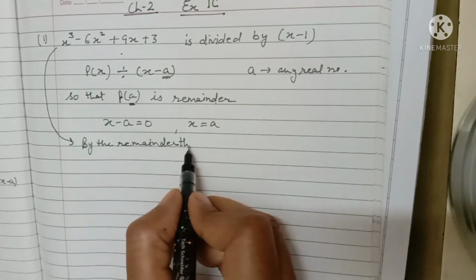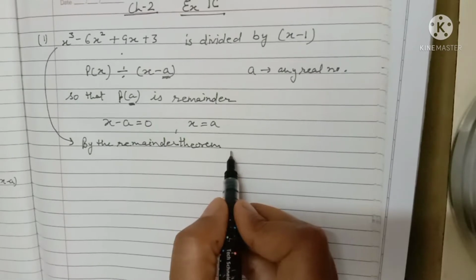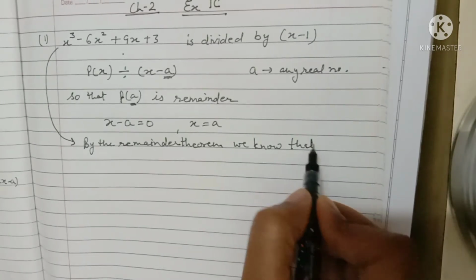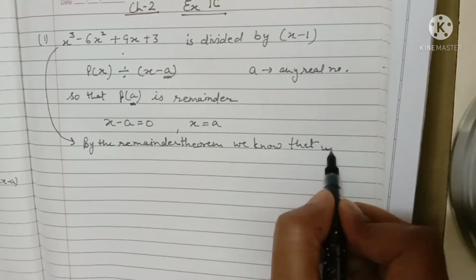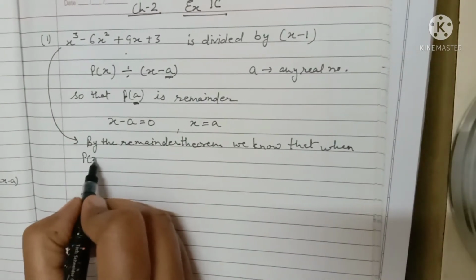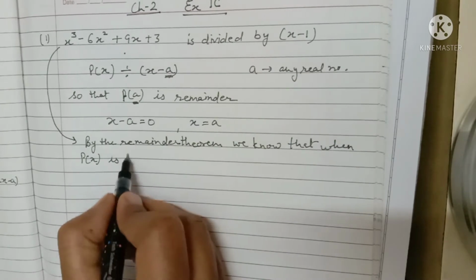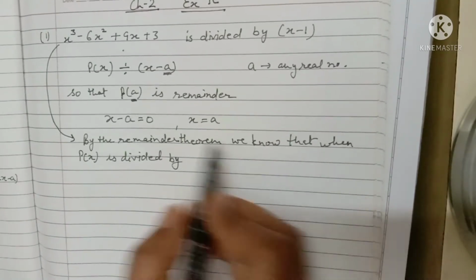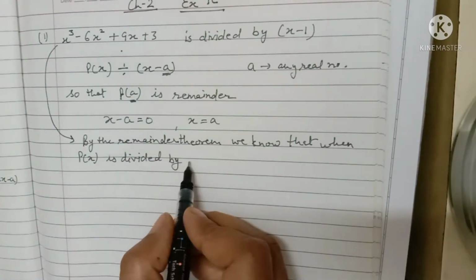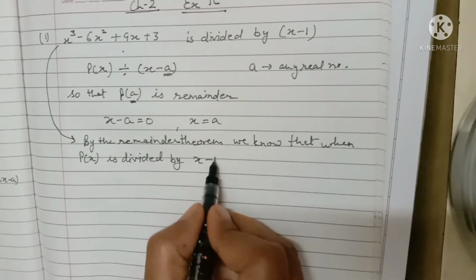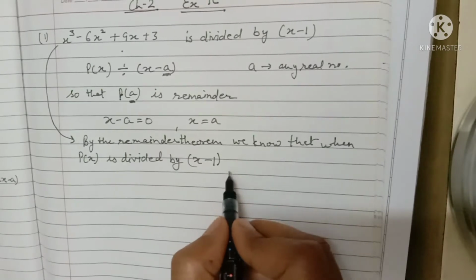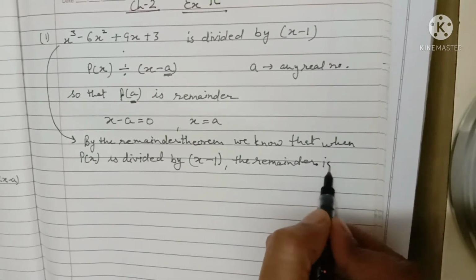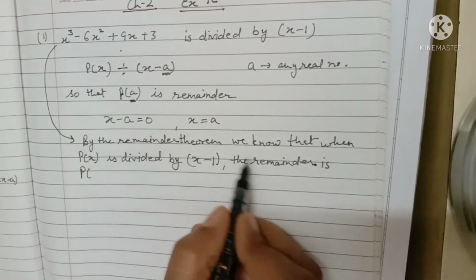By the remainder theorem, we know that when p(x), the polynomial in x, is divided by x minus 1, the remainder is p(1).